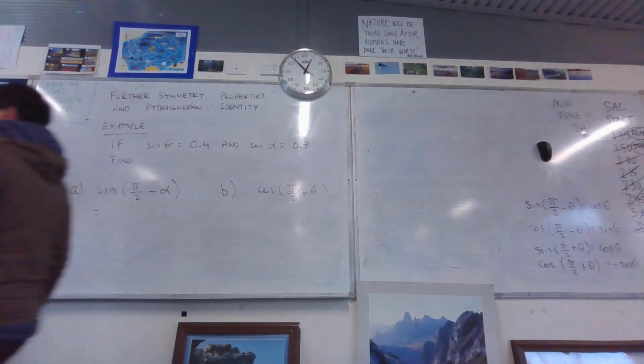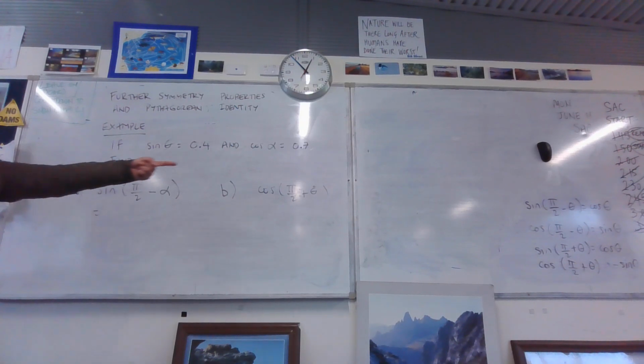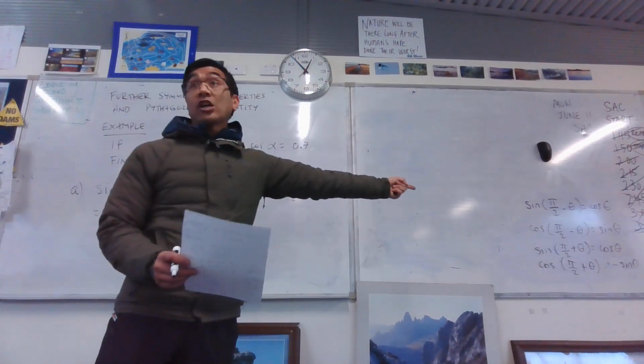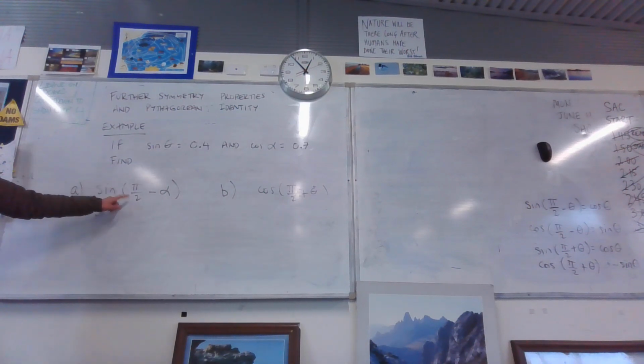Okay, so those two questions are up there. They give you information, they give you the question. But in the question we can see we really need to use the equations that we know. We can see that this is a pi on 2 takeaway.